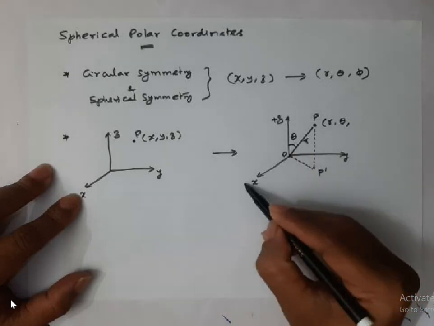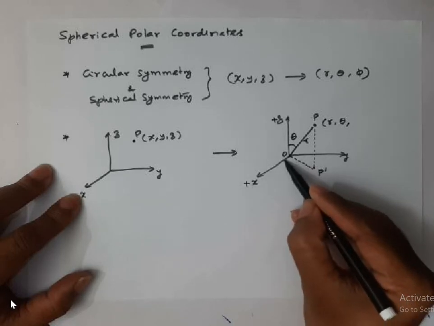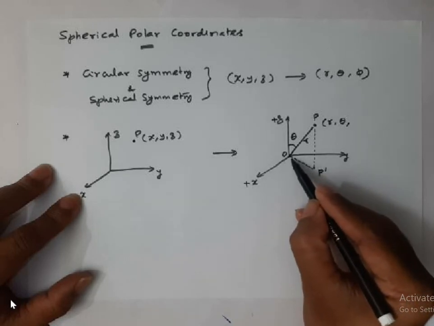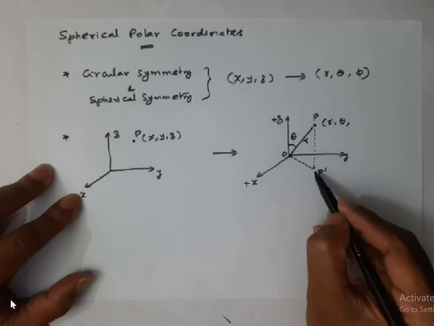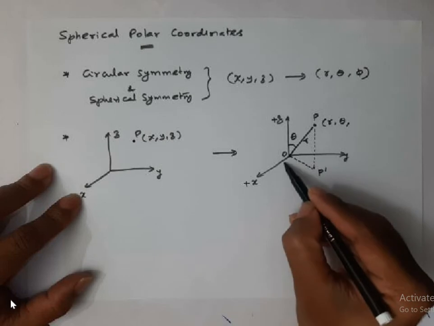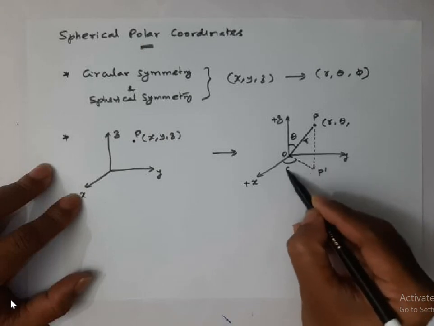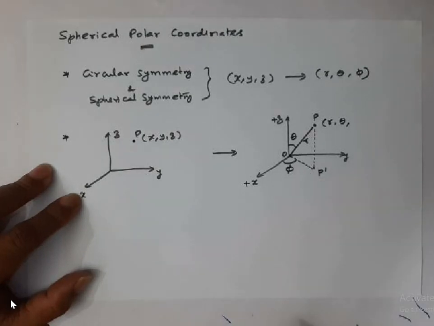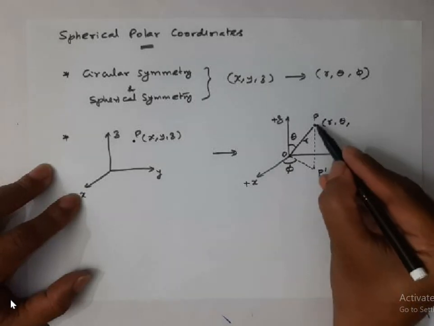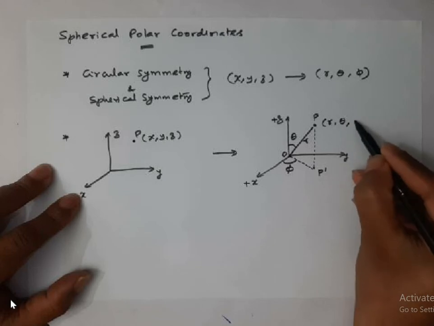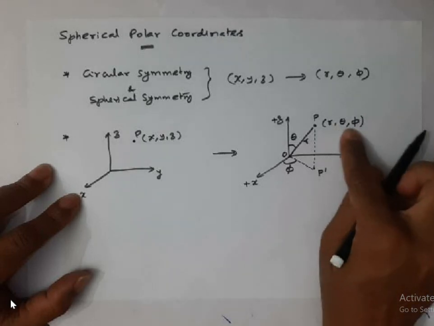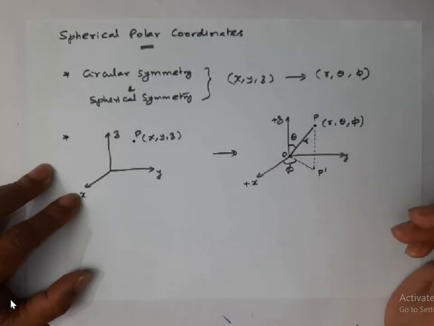From the plus x axis to this line, that is the line that connects the origin to the point P prime, this angle is what we call the phi angle. So a point is represented with the coordinates r, theta and phi. These coordinates are called spherical polar coordinates.